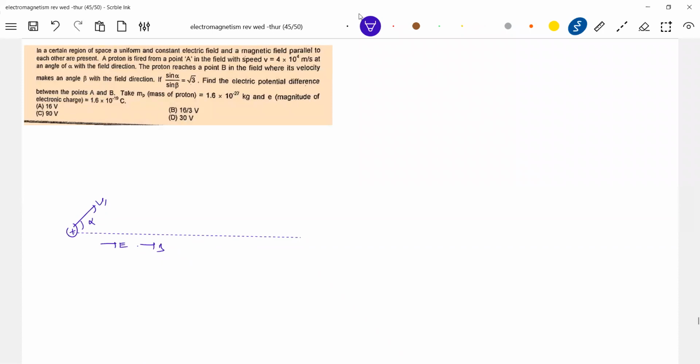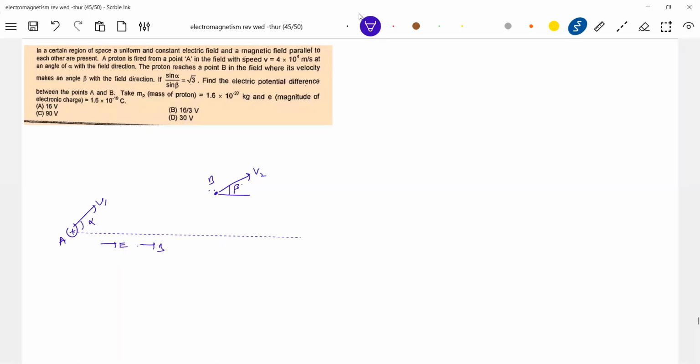I don't know how it will move. Will it be on this same line, or here, or below? The only thing is this velocity vector will make an angle beta with the horizontal electric and magnetic fields.